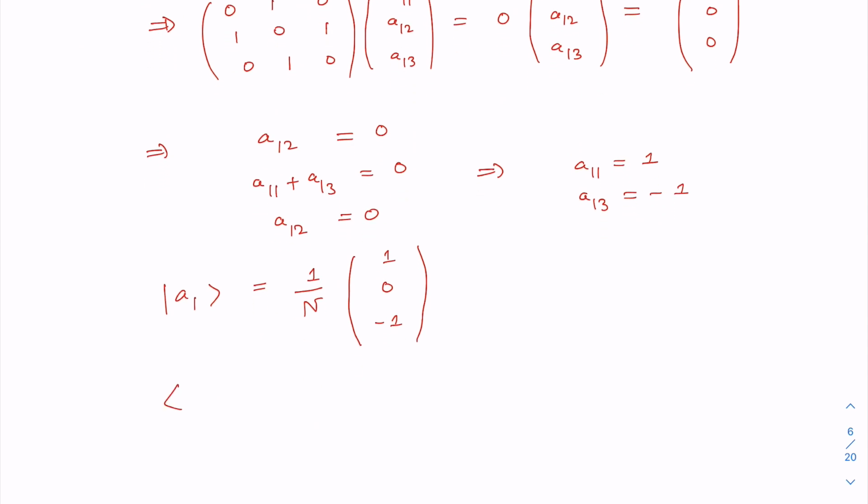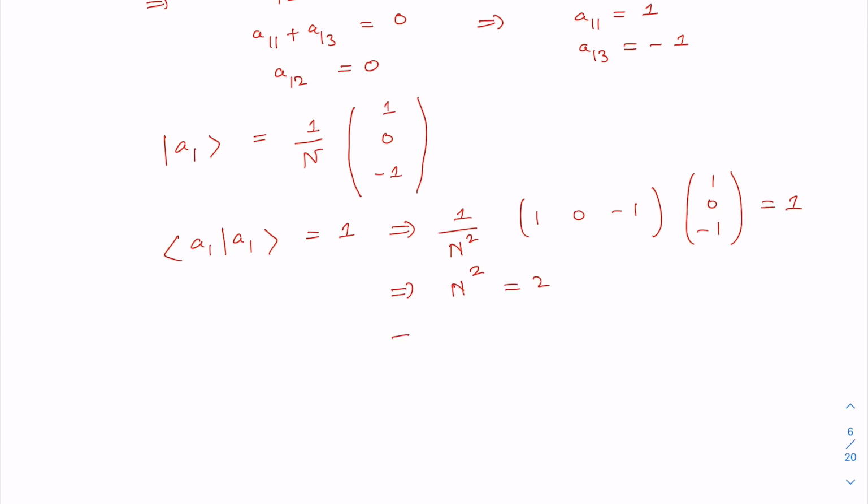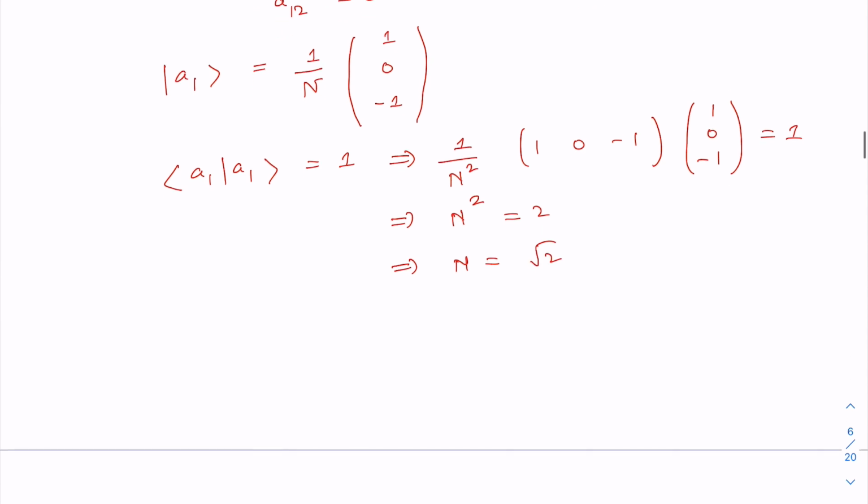Because this is an eigenket, it has to be normalized, so I must have the norm of A1 equal to 1. So this implies that 1 by N square times (1, 0, minus 1) times (1, 0, minus 1) is equal to 1. If you solve it, you will get N square is equal to 2, so N is equal to root 2. Therefore ket A1 is equal to 1 by root 2 times (1, 0, minus 1).